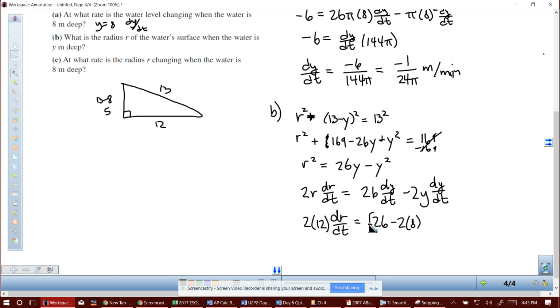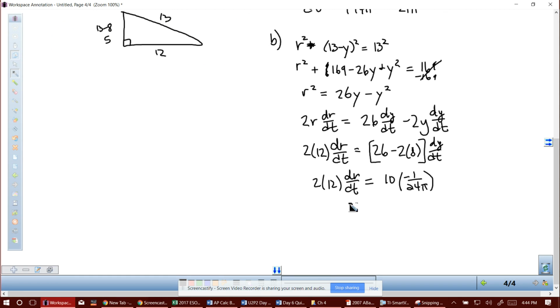I'm going to pull this out, minus 2, and y we know was 8, correct? And then they both have dy/dt. I'm going to put that extra step in here. So I've got 2 times 12 dr/dt, and then right here, that would be 26 minus 16, so that's 10. And then we just figured dy/dt, that was negative 1 over 24 pi.